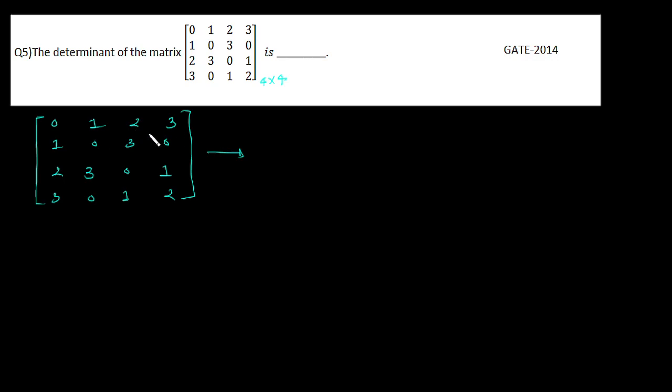So first, some row operations. Let's do R3 minus R2 becomes our new R3, and R4 minus 3 R2 becomes our new R4. Now let's apply both operations. The first row remains as it is.